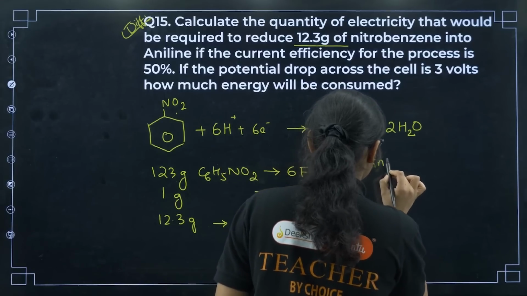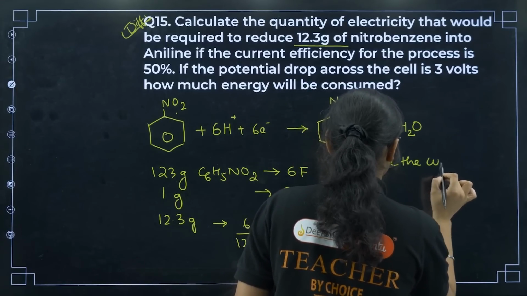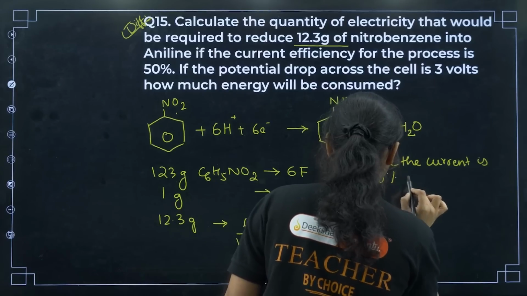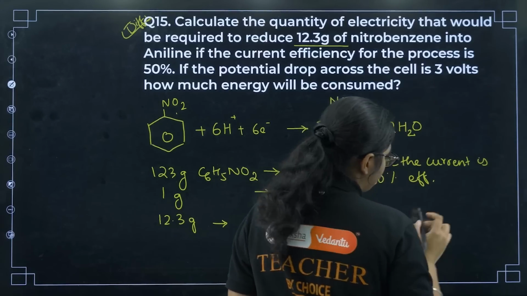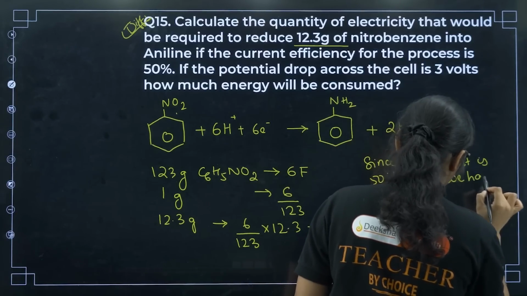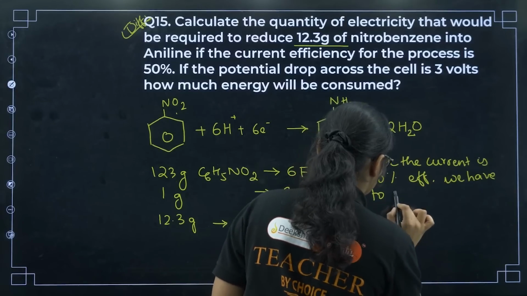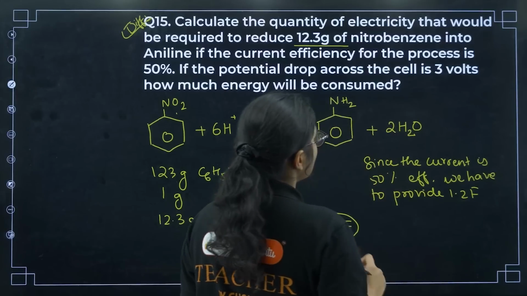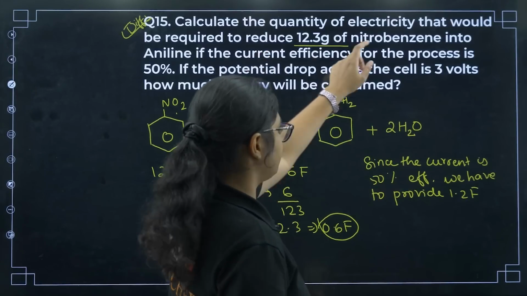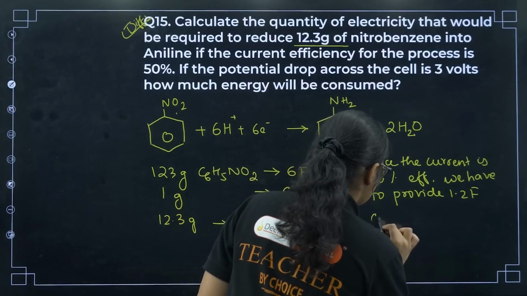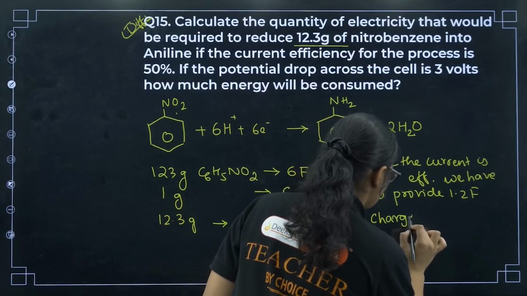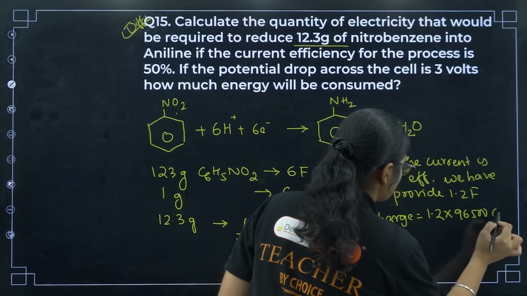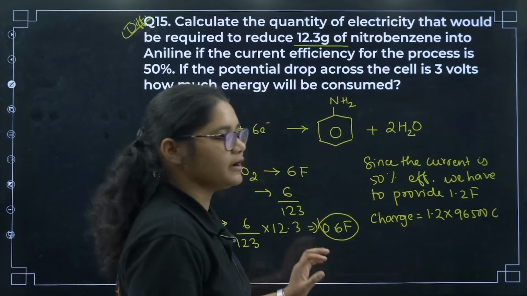Since the current is 50% efficient, we have to provide 1.2 Faraday. Quantity of electricity means charge. So the charge required will be 1.2 into 96500 coulombs. This you can multiply and find out the value.